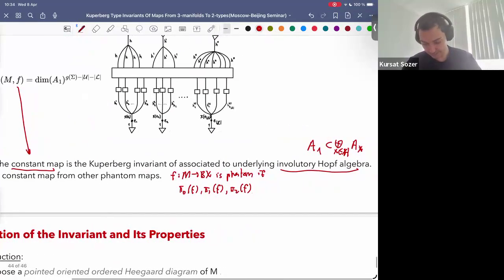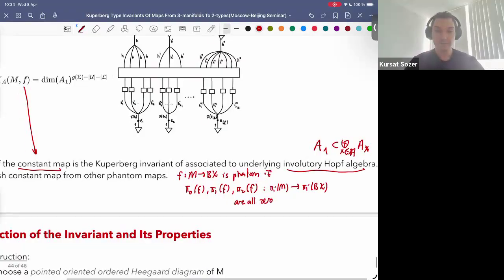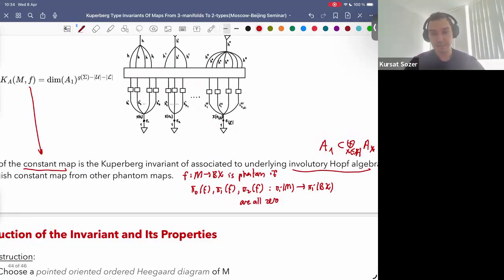They are maps from pi i M to pi i B chi, and each of them is 0. If this is the case, it does not imply that F is constant. If F is constant, this is always true.